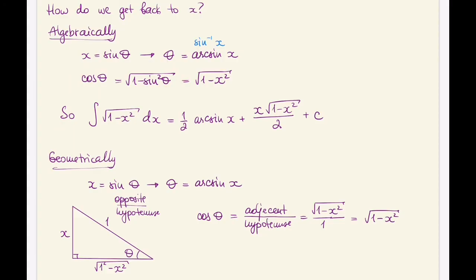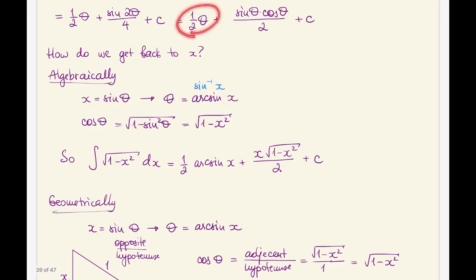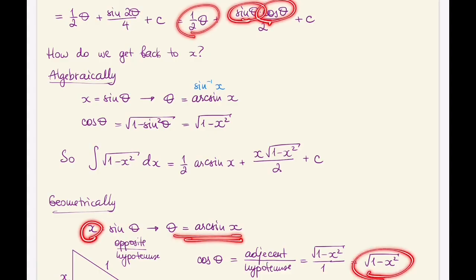So in the end, my answer for the integral of the square root of 1 minus x squared dx is, as before, 1/2 theta, which is 1/2 of arcsine x, plus sine theta, which is just x, times cosine theta, which is the root of 1 minus x squared, divided by 2, plus a constant.